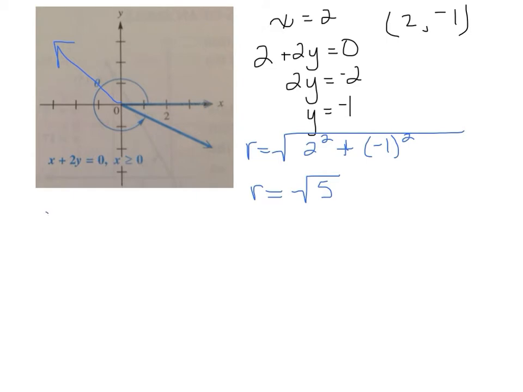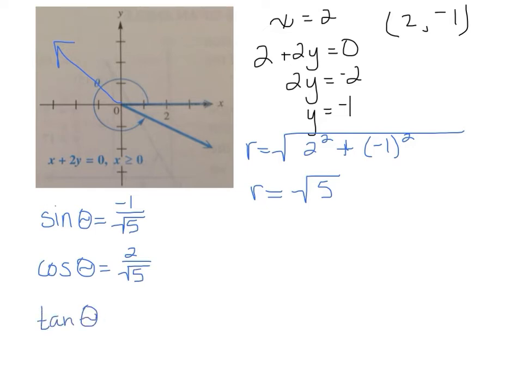So now I've got an x, a y, and an r, and I can do the 6 trig functions. So the sine of theta, we know that that's y over r, -1 over the square root of 5. Cosine, that's 2 over the square root of 5. Tangent, well, that's y over x, so it's -1/2.